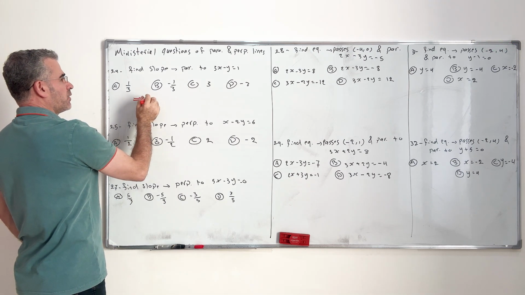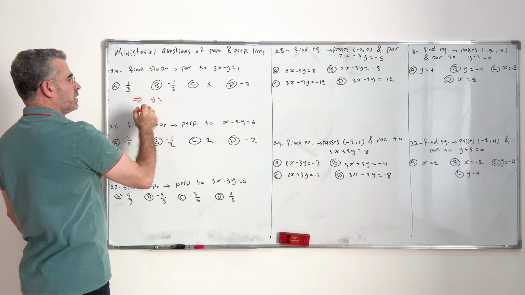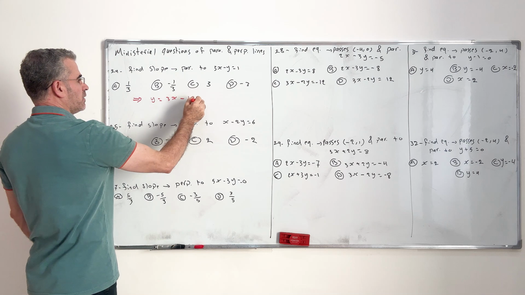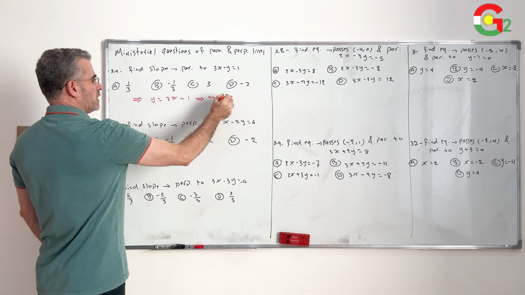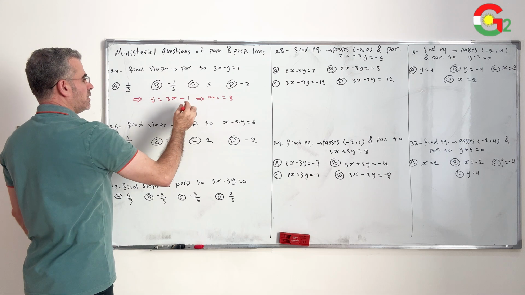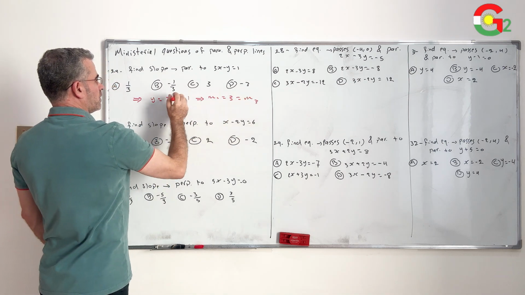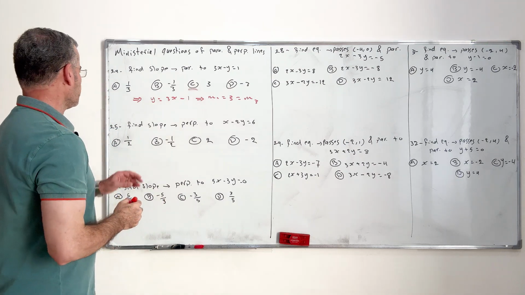I'll rewrite the equation in the slope-intercept form. Then y will be equal to 3x minus 1. Then the slope is 3. Then the slope of the needed line is also 3. Therefore, the right choice is C.